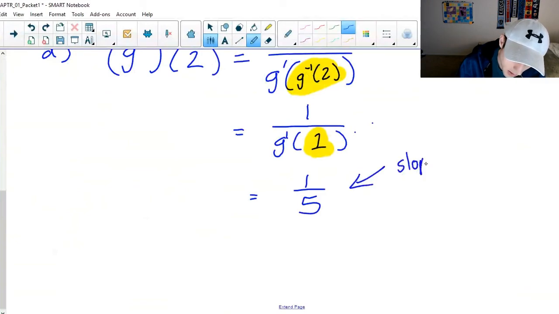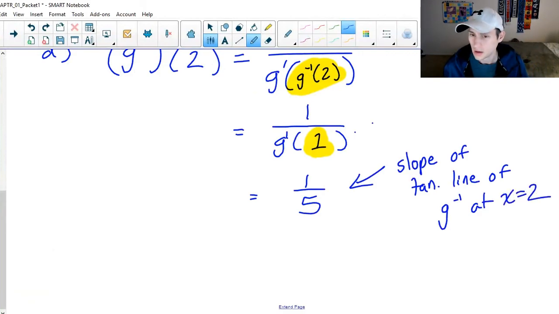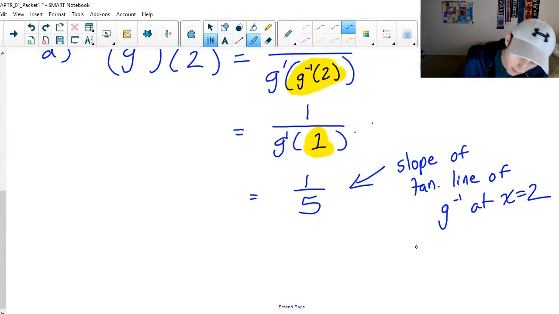So what in the world is this? 1/5 is the slope of the tangent line of g inverse at x equals 2. But the problem asks us for the actual equation of the tangent line. So I have the slope, I have the m. What's my x1, y1 for g inverse?